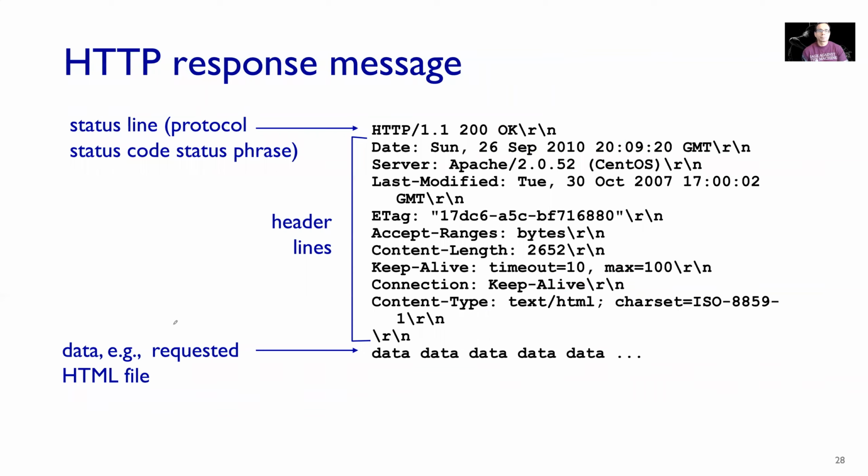Okay, so the response message looks similar. It starts with the version, and then there's this code and a little bit of text explaining what this code means. So normally when you're requesting an object and you get the correct response, you would encounter this. Then of course, there's the date when this object was created, the server software, what kind of software is being used for the server.